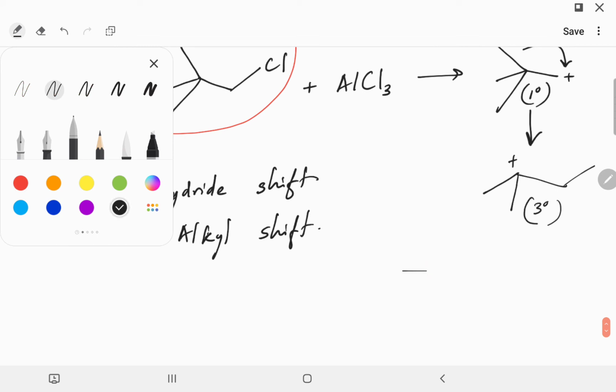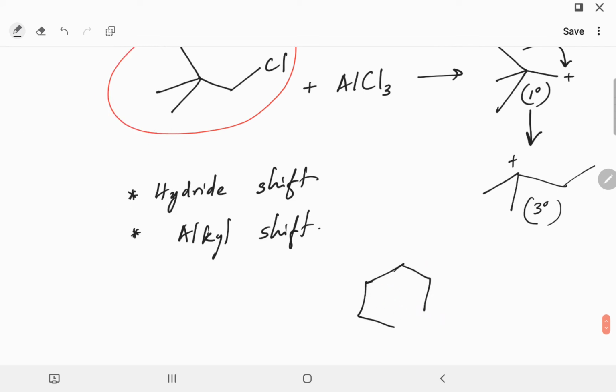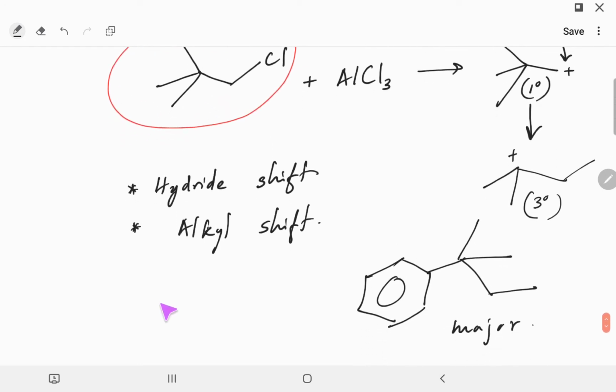You will ultimately get the benzene directly attached to the tertiary carbocation. So this will be your major product. What will be the minor product? The minor product will be the benzene attaching to the primary carbocation. So this will be your minor product.